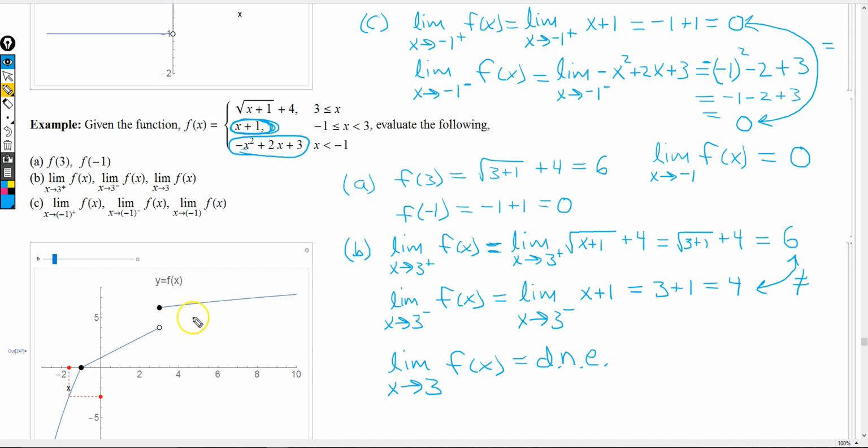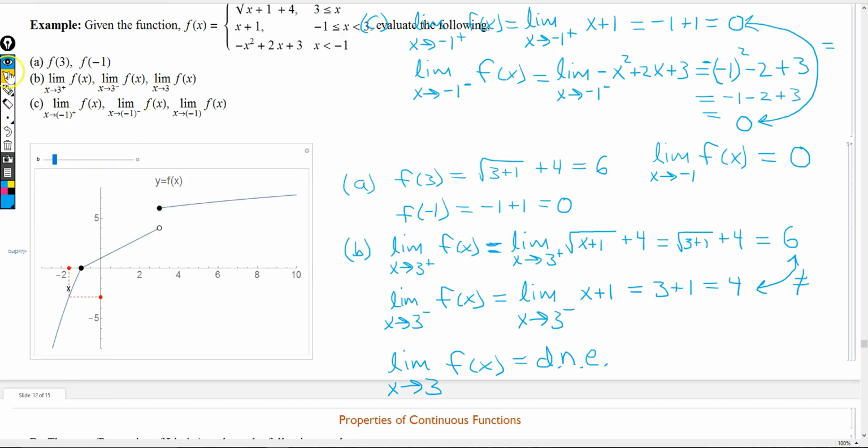Now, let's take a look at this graphically just to verify what we've done. Here's the graph right over here. As x approaches 3 from the right-hand side, notice that red dot on the y-axis. That's approaching 6, right? So we're verifying this answer.